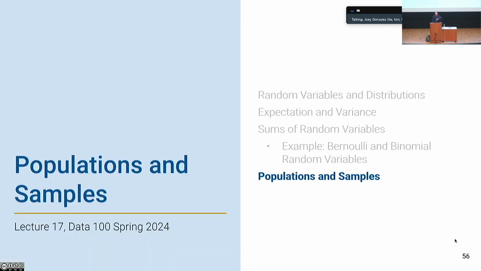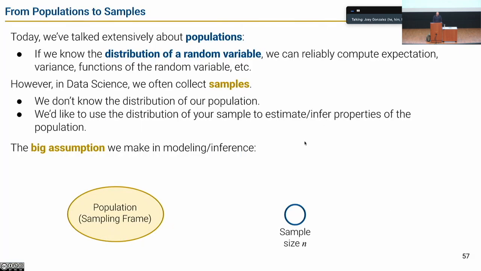I want to wrap up today's lecture by connecting from populations to samples, and then in Tuesday's lecture, we'll actually use this to analyze this bias-variance trade-off. All right. So we've talked today about probability functions over populations, and I want to answer questions about samples that we draw from population and how we can use the tools we just built to reason about the properties of these samples.